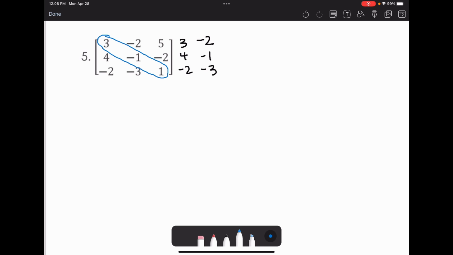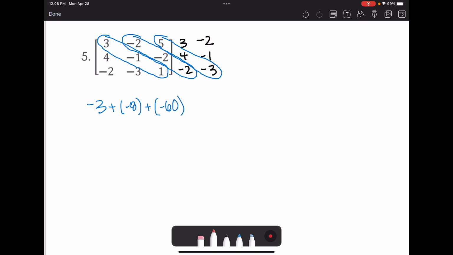That would be 3 times -1 times 1 is -3. And then negative 2 times negative 2 times negative 2 is negative 8. And then 5 times 4 times negative 3 would be negative 60. I guess I could write it as plus negative 8 plus negative 60.